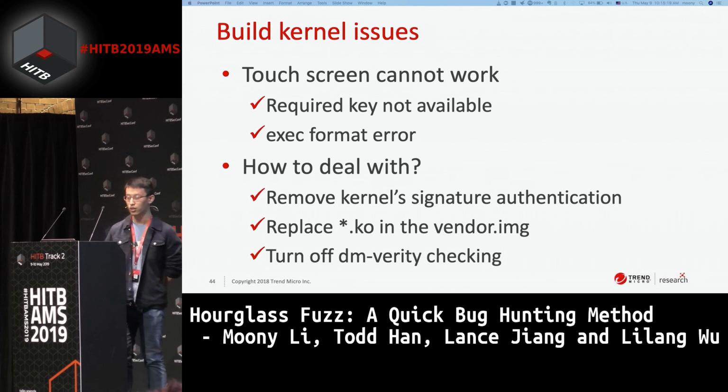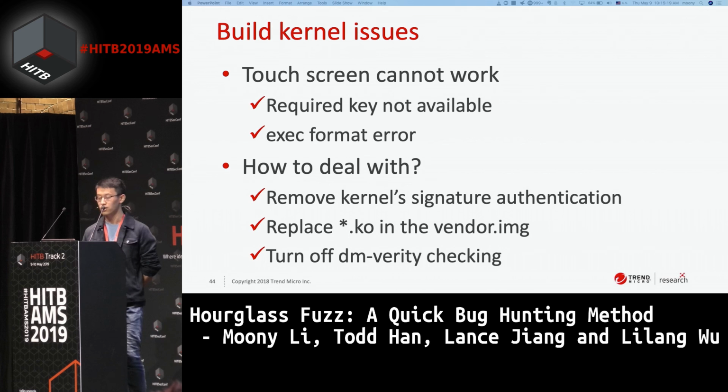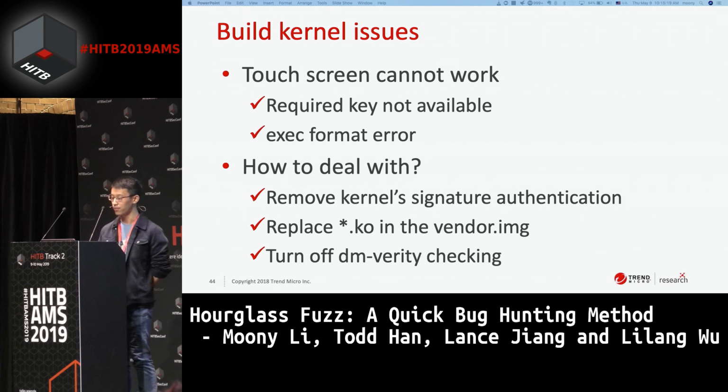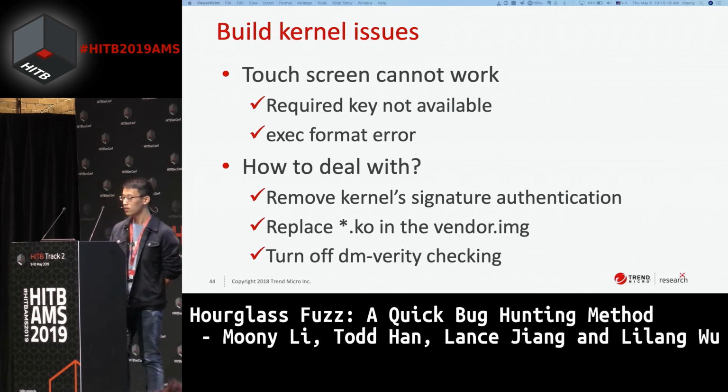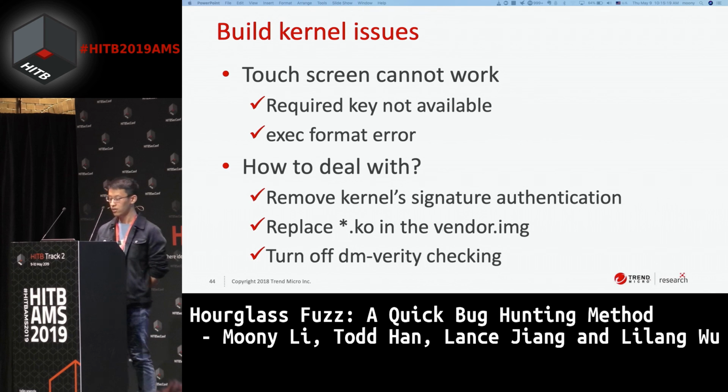That is to say, the build does not generate the vendor.img file, but uses the default vendor.img provided by Google. So the replaced ko files are not packaged into the vendor.img, and the touch screen does not work.